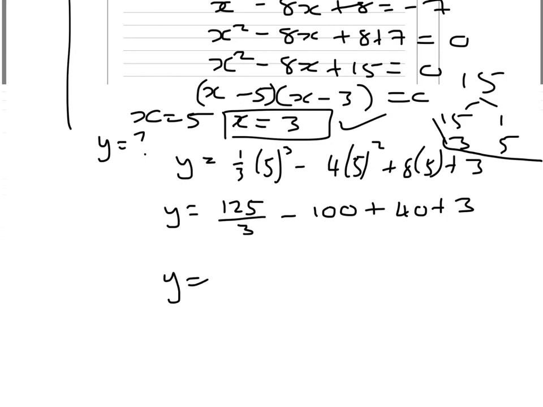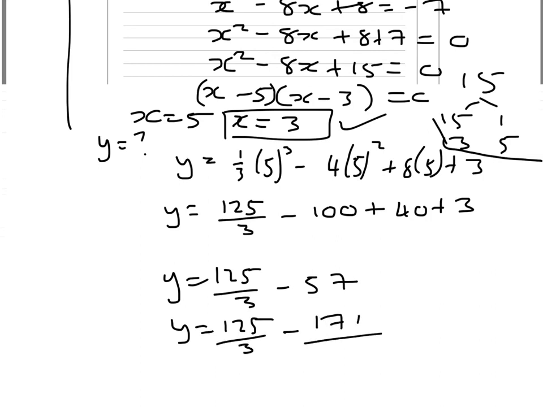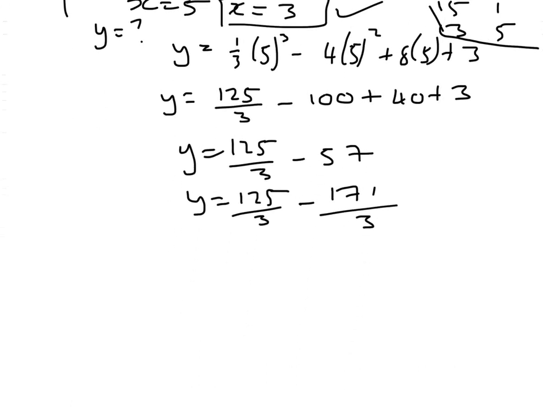So group the whole numbers together, it's going to be minus 57. So we get this out of 3, so y equals 125 over 3 minus 171 over 3. And now take away your fractions. y equals minus 46 over 3 or minus 15 1/3.